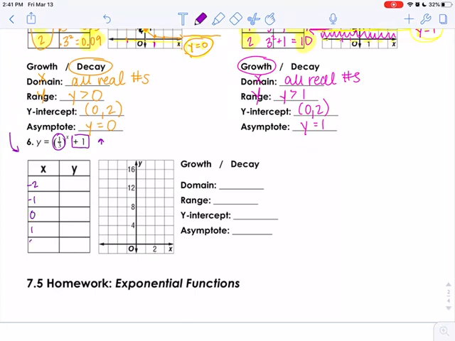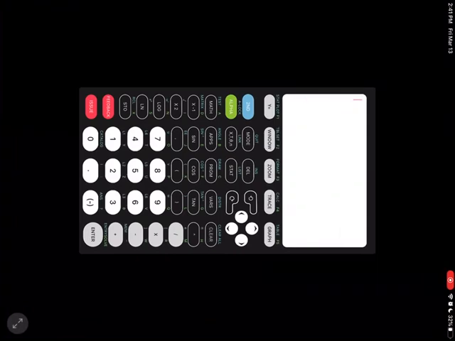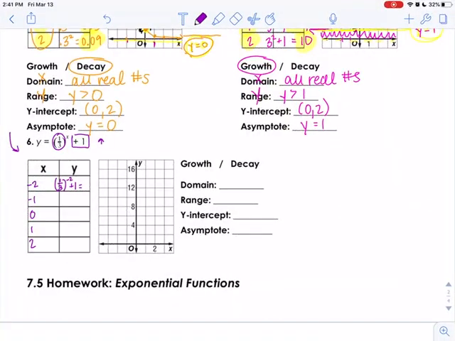So once again, I'm going to plug in -2, -1, 0, 1, and 2. I'm plugging it now into 1/3, use parentheses, to the -2 plus 1. And I'll use my calculator. So use parentheses on your 1/3. So 1/3 raised to the -2, and then I'm going to add 1 to that, and I get 10.